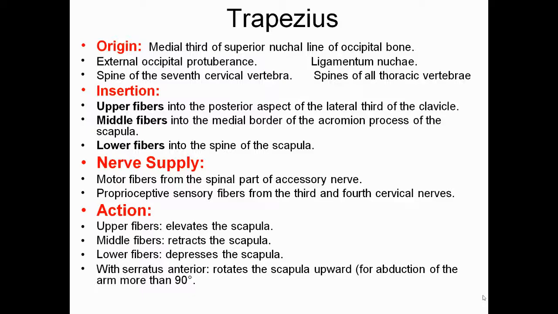It is supplied with motor fibers from the spinal part of the accessory nerve and proprioceptive sensory fibers from the third and fourth cervical nerves.